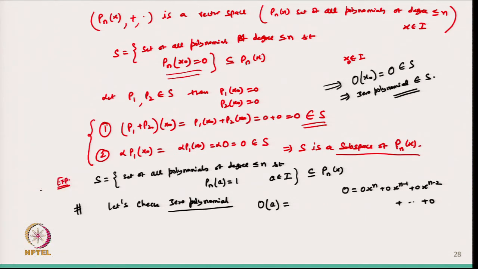If I put the value A here, it will be 0 into A^n, 0 into A^(n-1), up to 0, and that will be 0. But if I take a polynomial in S and substitute the value A, then it should come to 1. It means the 0 polynomial does not belong to S.